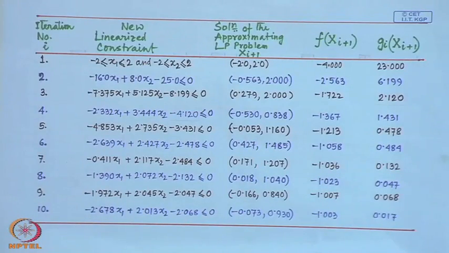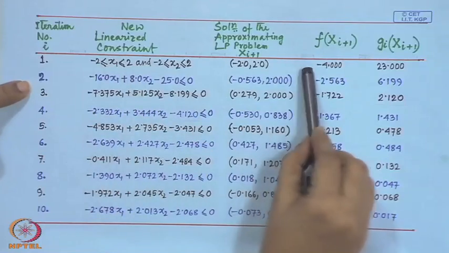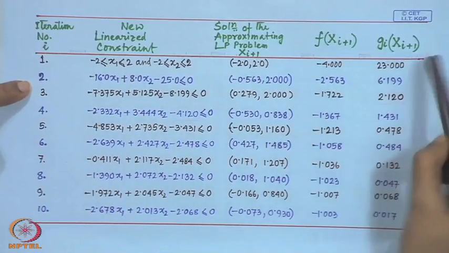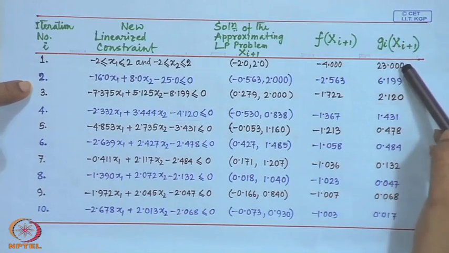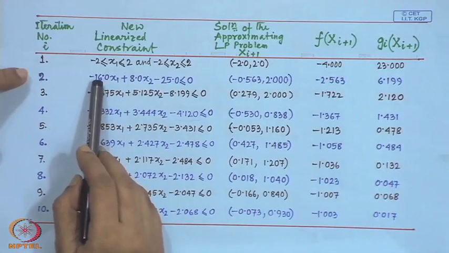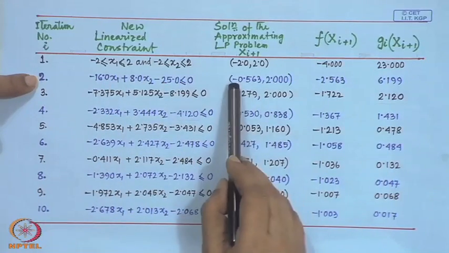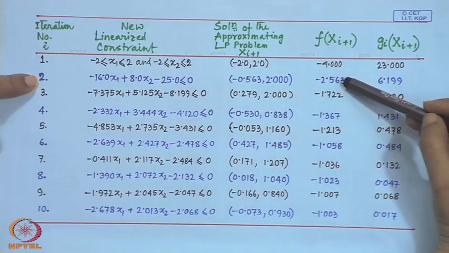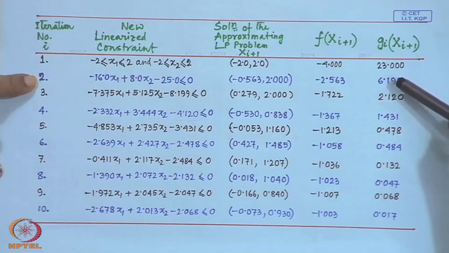This is the initial step for us, as we have considered -2 to 2, and here the gj value was 23. Now, in the next step we have considered this constraint, we got this optimal solution, we could see the functional value is -2, as I showed you, and then we see again the gj value is coming very high, that is 6.